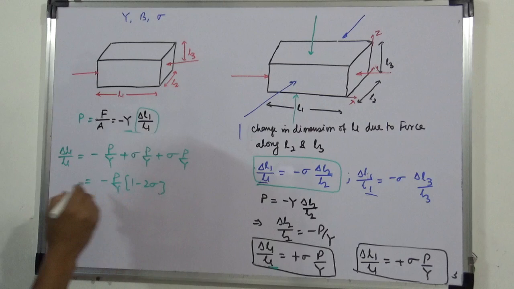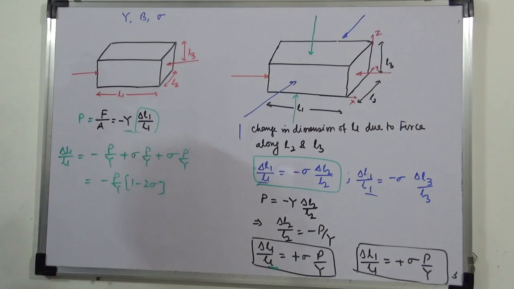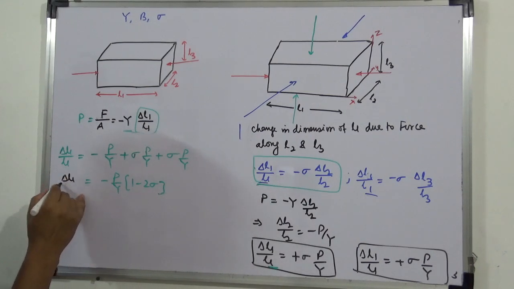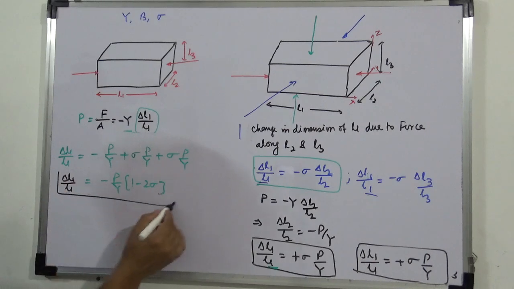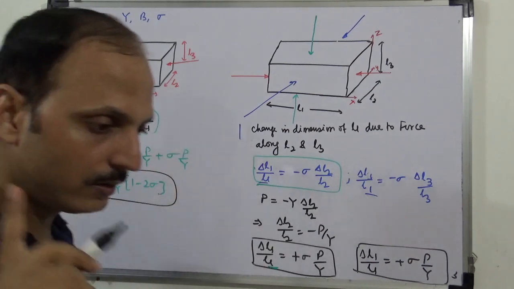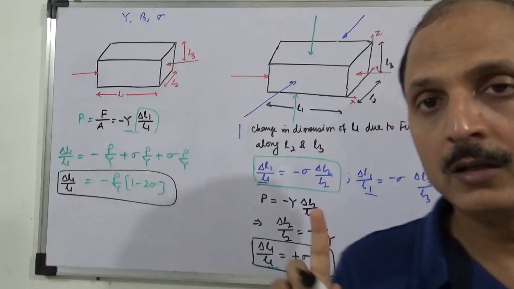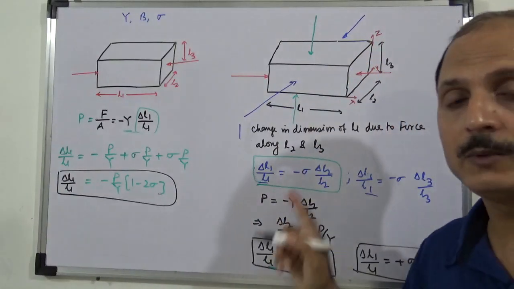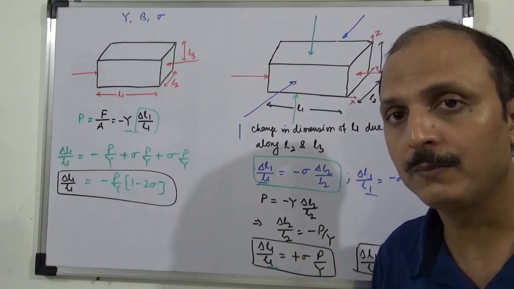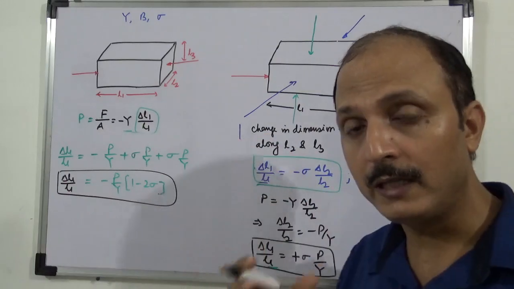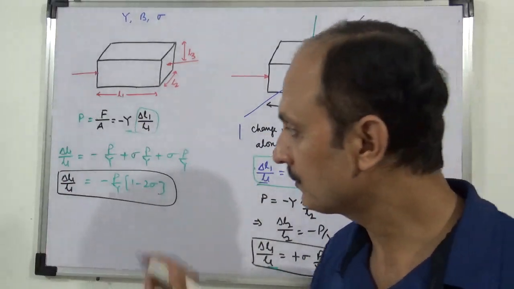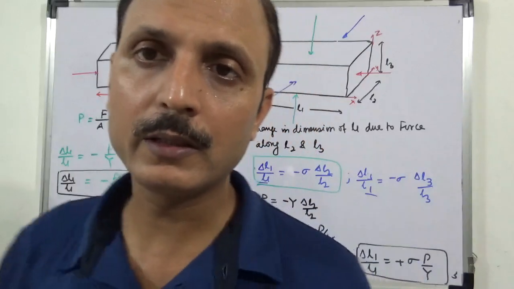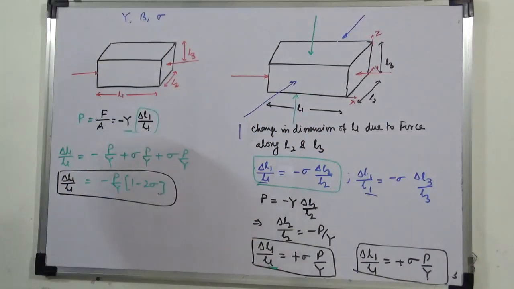Just see. This is the net change in the length of L1. It is the fraction of change in the length L1 due to forces acting along L1, along L2, and L3; all forces are acting simultaneously because it is exposed to hydraulic pressure. Forces acting, because then only the bulk modulus will come. Try this two or three times, revise it, then you will understand.